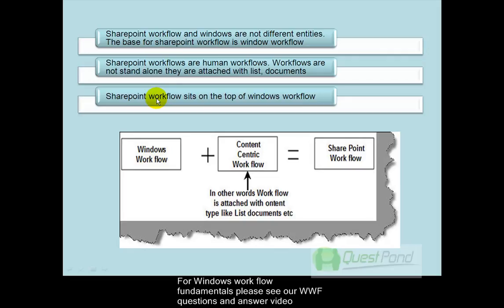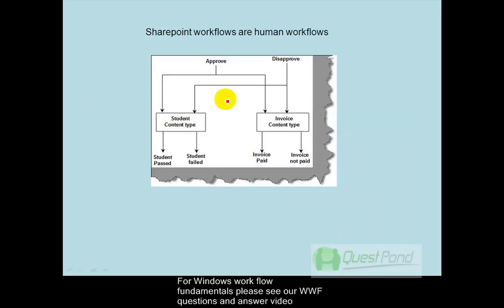SharePoint workflows basically use Windows workflow as the base and add to it content-centric workflows. Now when we say content-centric workflows, that means that they are human workflows. For example, you can make a workflow called approve and disapprove in Windows workflow.